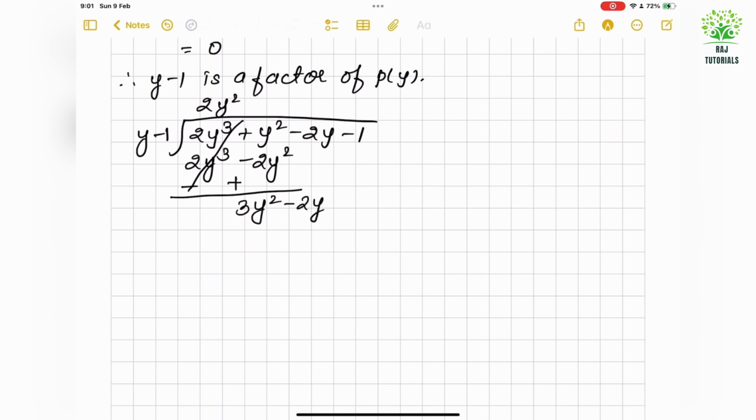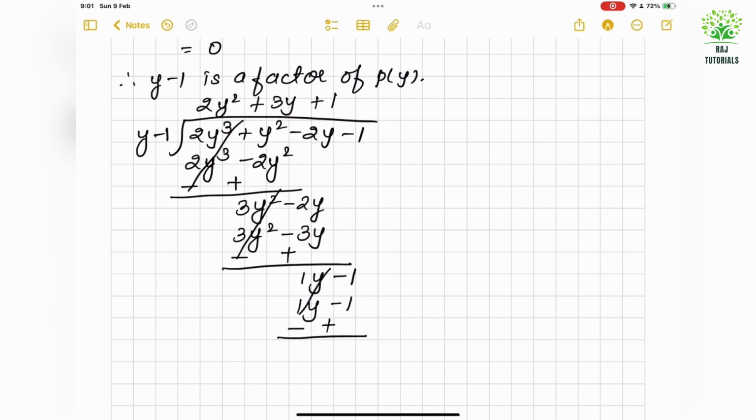So plus 3y I will multiply, so 3y square minus 3y. So minus plus, so 3y square got cancelled. Minus 2 plus 3 will be 1y minus 1. So with plus 1, if I do 1y minus 1, sign change, so both the terms got cut out.